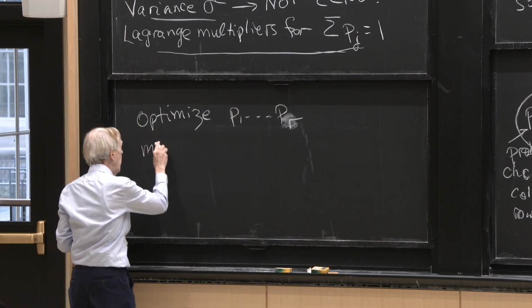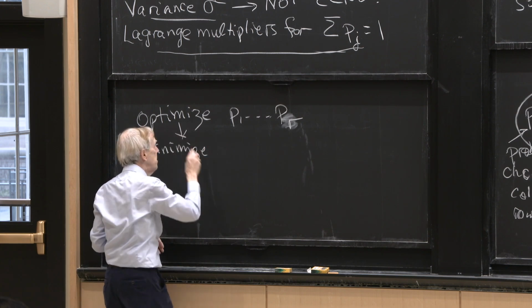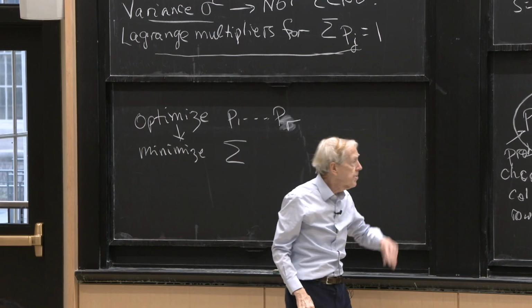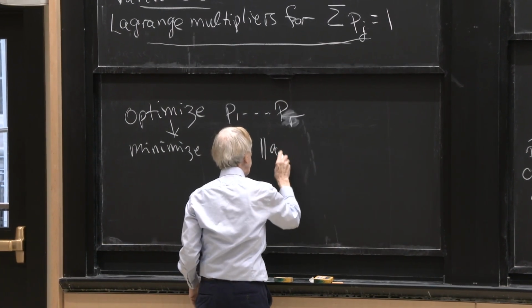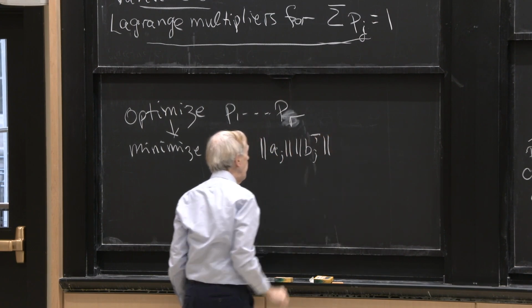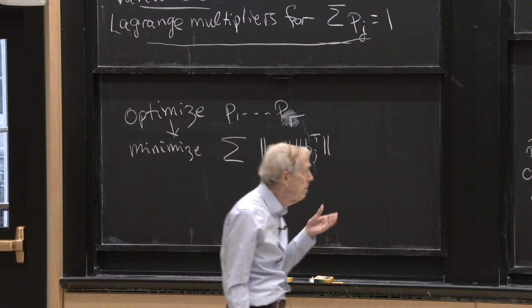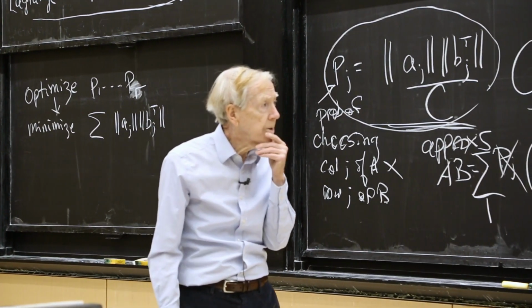I mean minimize. Optimize means minimizing this expression C: AJ, BJ transpose, over PJ.